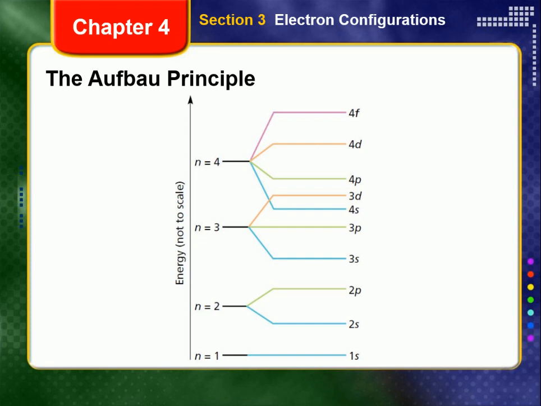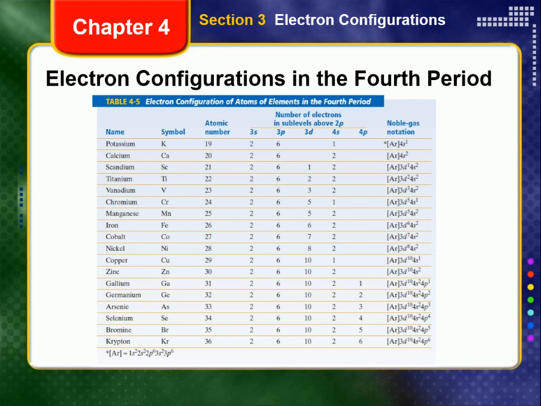These are filled successively in the 10 elements from scandium, atomic number 21, to zinc, atomic number 30. Scandium has an electron configuration of [Ar] 3d1 4s2. Titanium has a configuration of [Ar] 3d2 4s2, and vanadium, V, has the configuration [Ar] 3d3 4s2.